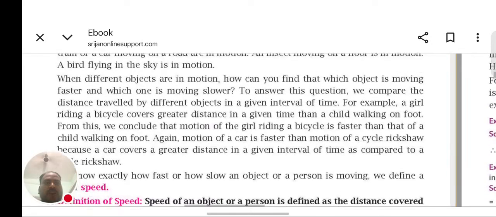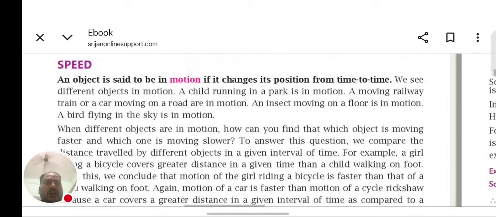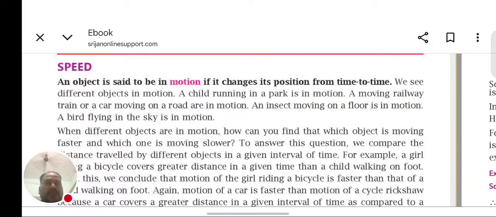So we divide 3 by 15, and we get 0.2 gram per centimeter cube.